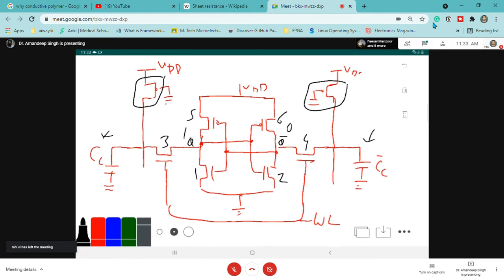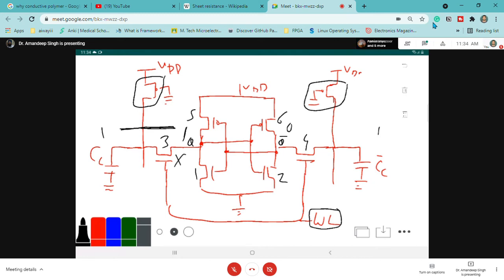Okay, so this is 1 basically, and we charge both to VDD, means both are 1, and we turn on the WL. So what will happen? There is no potential difference between these 2, so no current flows through these 2. There will be no current flow through this M3 transistor.